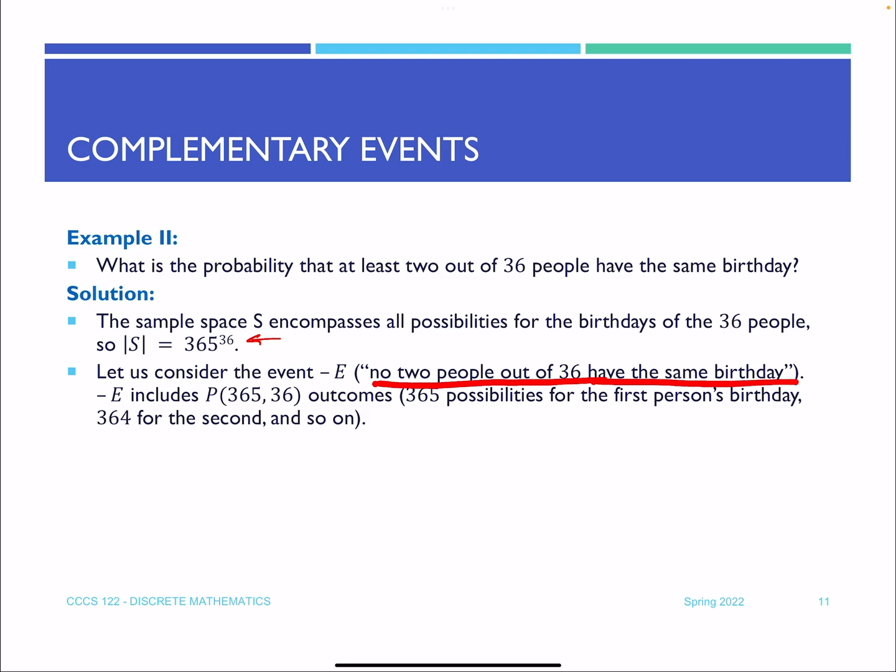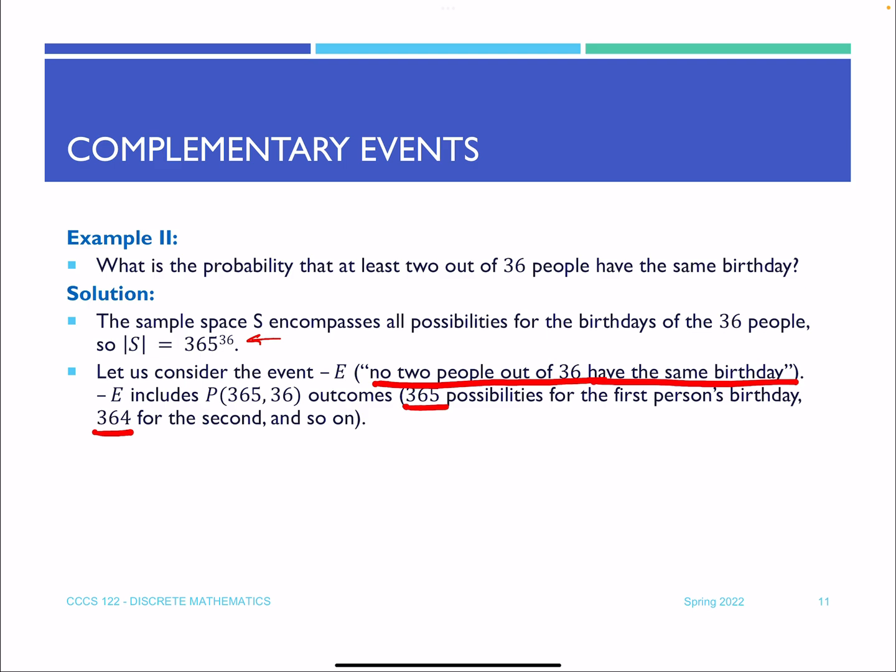So, in this case, the first person can have any birthday you want. So, for the first person, you have 365 possibilities. For the second person, that leaves the second person can have any birthday other than the one the first person had. So, 364 possibilities for the second person.